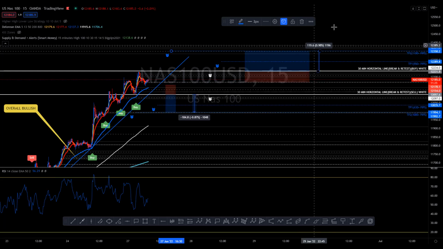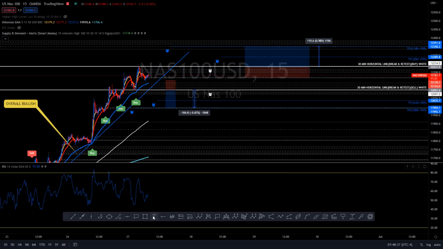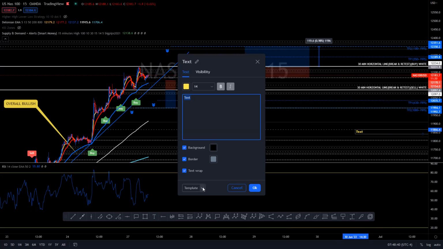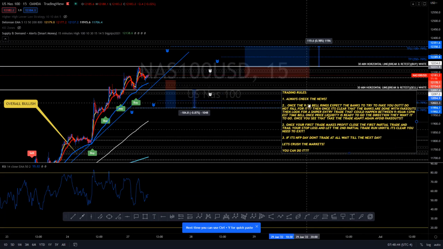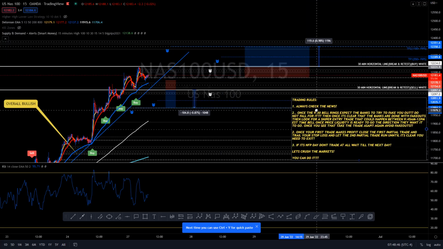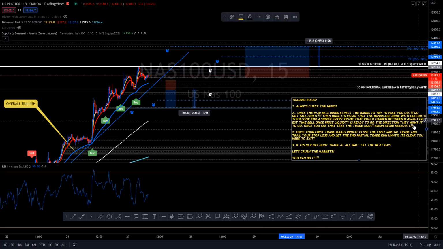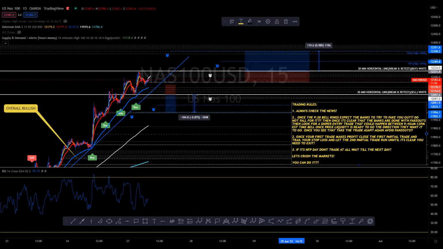Now, the next thing I'm going to do is actually post my rules here. I got trading rules for my indices. So typically I like to wait for the 9:45 to the 12 o'clock bell to see truly where price wants to go. Because the thing about it is the institutions love to fake out retail traders in order to gather stop losses so they can build their liquidity and then make the true move.